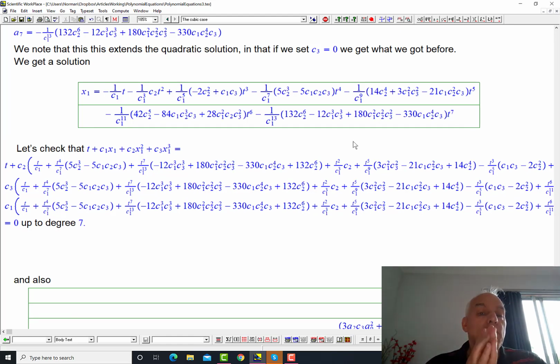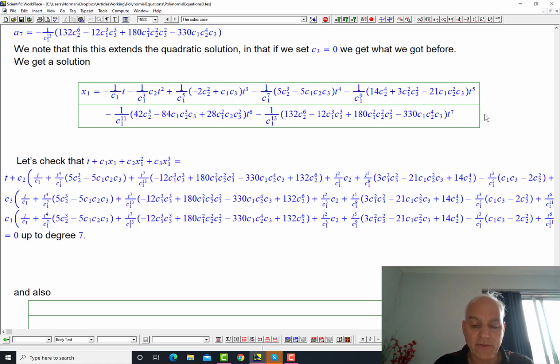That is a solution to our cubic equation, which is valid up to degree 7, expressing it as a series in powers of t whose coefficients are rational functions of the Ci, C1, C2, C3. And we see the Catalan numbers are involved, but there are other constants too. So a very big question is how to make sense of all these new constants and terms.